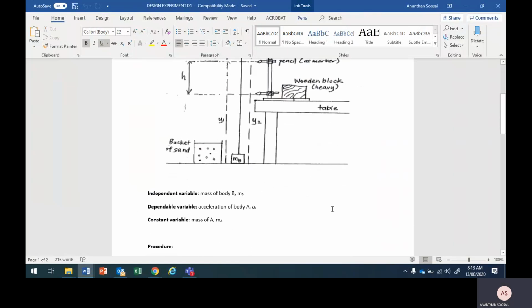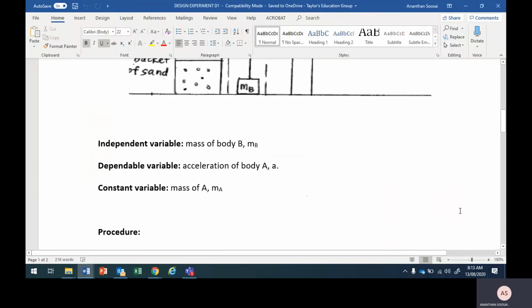Okay, the first is the experiment. So these are the 3 variables you must list fully. The independent variable is the mass of B, the dependent variable is the acceleration, and the variable to keep constant is the mass of A. What are you going to plot?